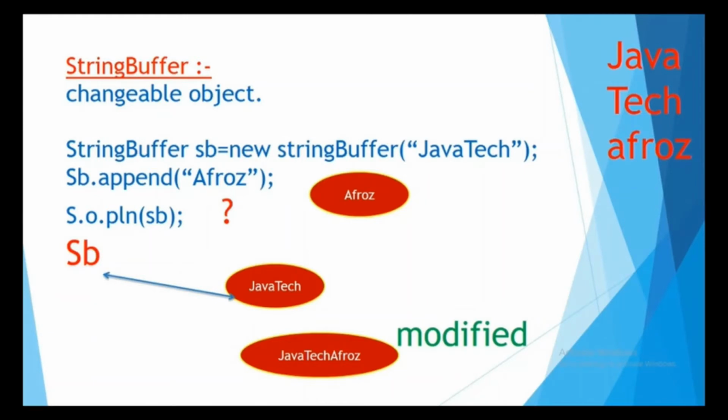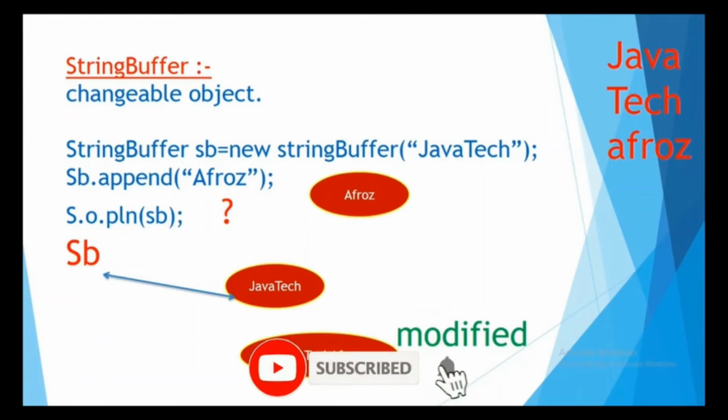In this, the existing object is modified, a new object is not created. That modified object has the same reference sb. If I am printing sb here, it will be modified, right? So JavaTech Afros is printed here.